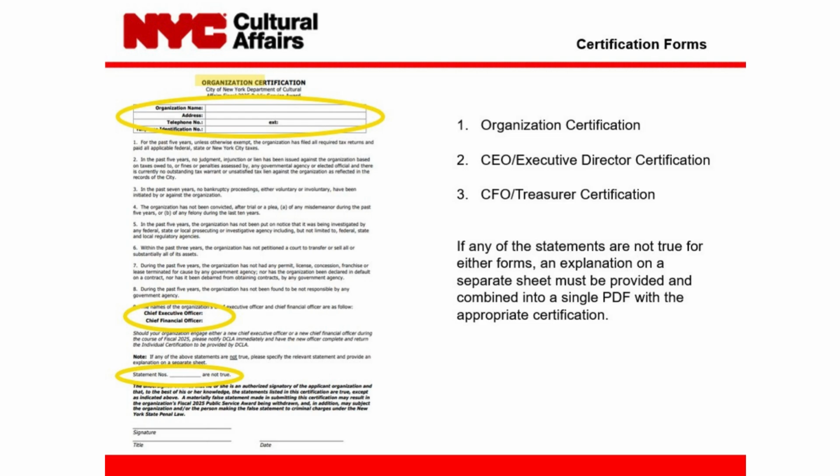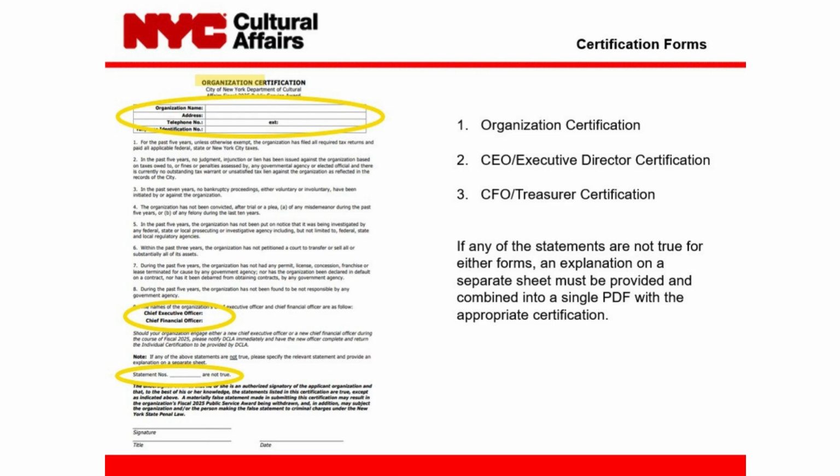For the 2 individual certifications, one for your CEO or Executive Director and one for your CFO or Treasurer, please combine the 2 into a single PDF and upload it to the individual certification field. If your CEO and CFO are the same person, you only need to submit one form.